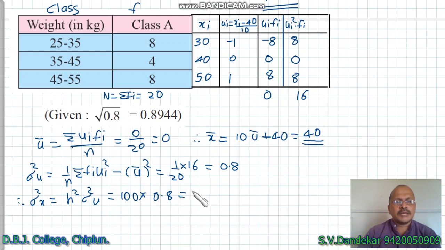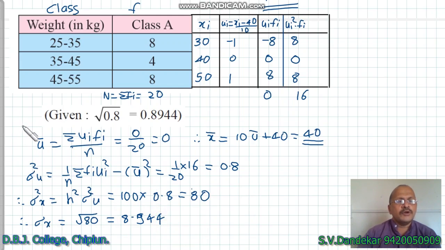So sigma square x is equal to 80. And therefore sigma x is equal to square root of 80. It is given that square root of 0.8 is equal to 0.8944. So square root of 80 is equal to 8.944. Sigma x we have found out.